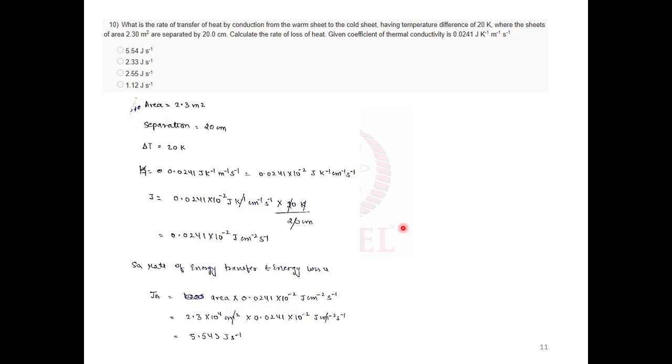This is also an important question where you need to calculate the heat transfer from the hot to cold state having a temperature difference. So delta T is already there, and the temperature gradient with respect to length, like 20 centimeter. So this is a very good question. You have the 20 K already given, right, by 20 centimeters. So from there you can calculate the flux of energy, right?